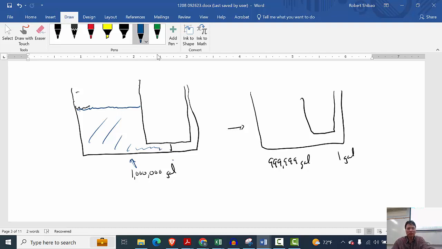And so what we're going to see is a change. And this change is going to be a small change, because out of that 1 million gallons, only 1 gallon goes over to the right. And so it's quite a small change. And then we're at equilibrium.